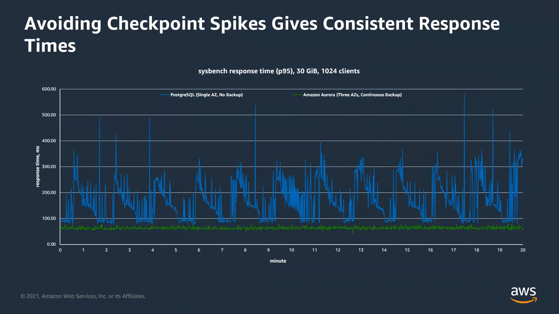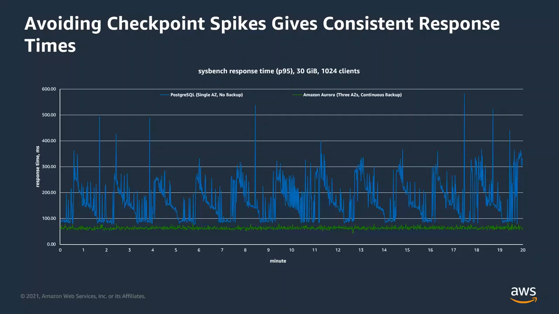Those are huge spikes in IO as a background writer process goes through and washes the cache and flushes it to disk. And so we can see that here. We compared a Postgres running on EC2, just a single AZ, that's the blue line, compared to Aurora, which is in 3 AZs with continuous backups, and that's the green line. And the y-axis is the response time.